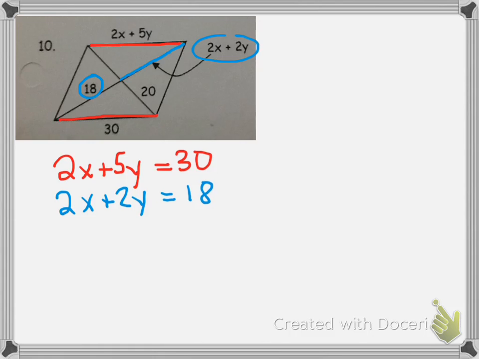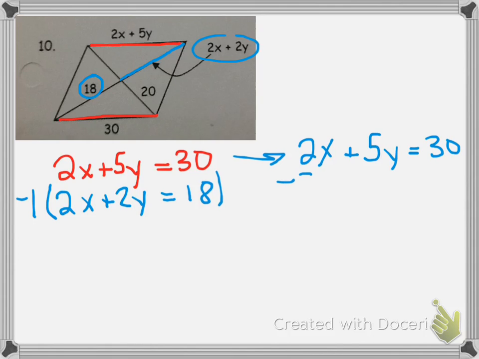All right, so we have two variables, x and y. So that means it's a system we want to solve. So to do that, we're going to multiply this side through by negative 1. Okay, so this one stays the same. We have 2x plus 5y equals 30.